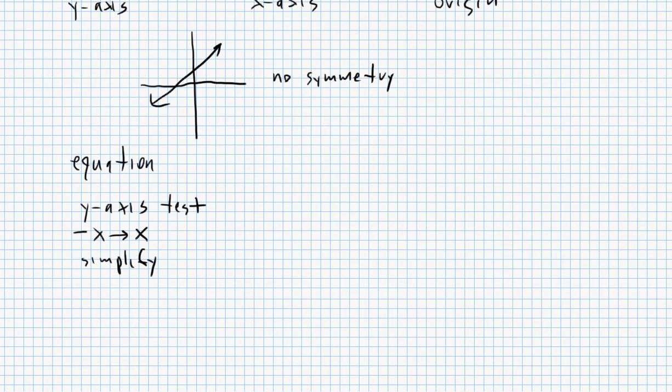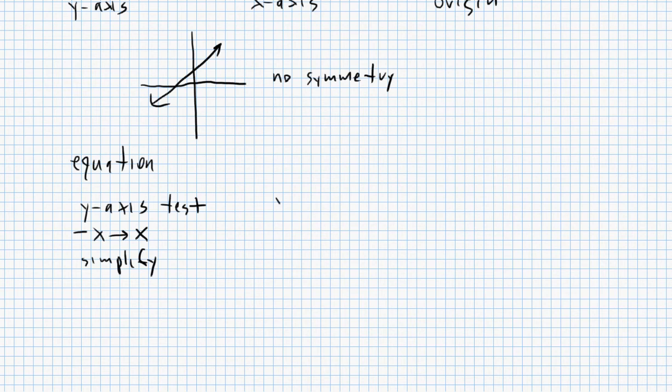And if the original equation, after appropriate simplifications, looks like the original one, then the equation and the graph of it would have y-axis symmetry. If it does not look the same, if it's even a little bit different, then it does not have y-axis symmetry.